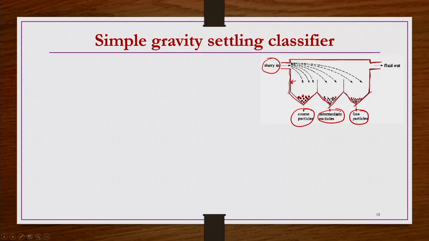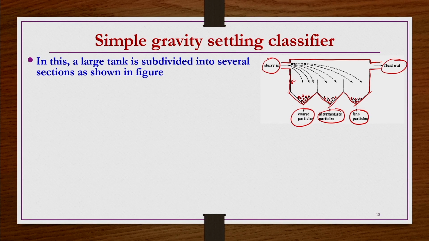Almost clear fluid can be taken out as an outlet from the top. The working principle is the same, that is, settling of the particles under gravity is the working principle for this classifier. So, it is the same process, only the designs are different.